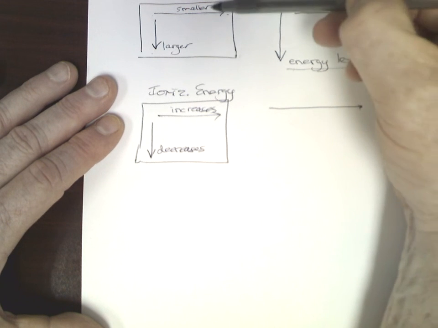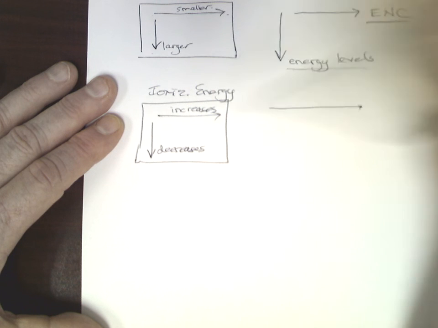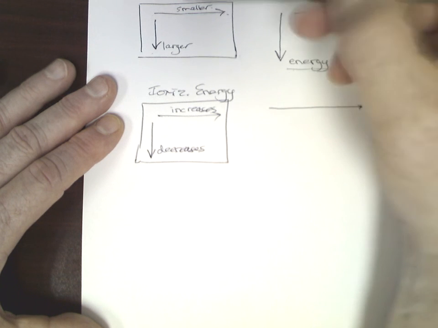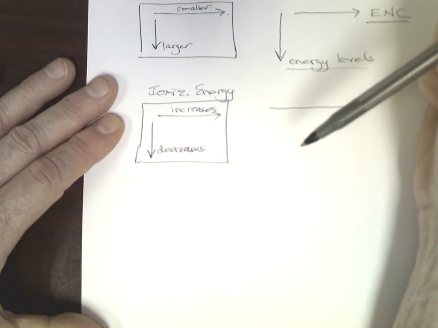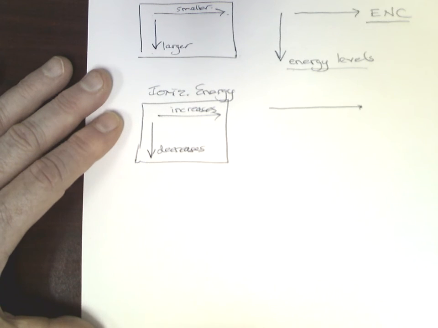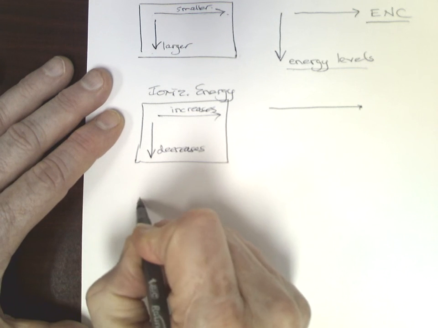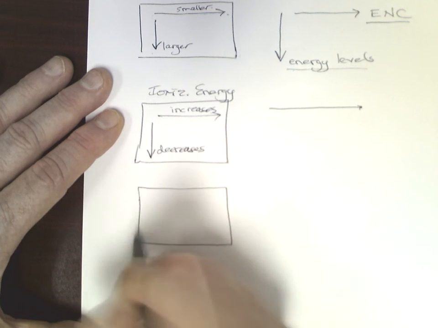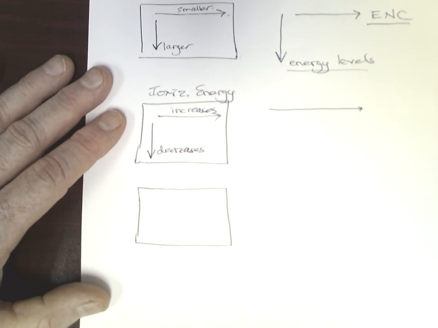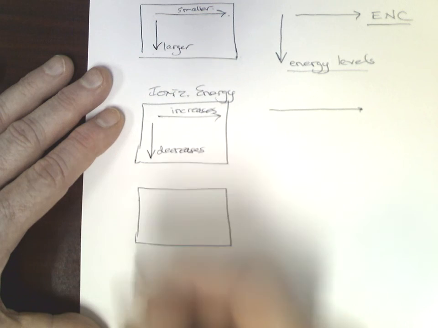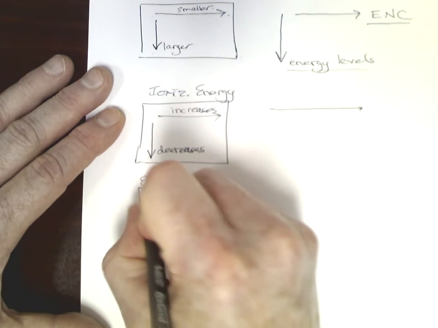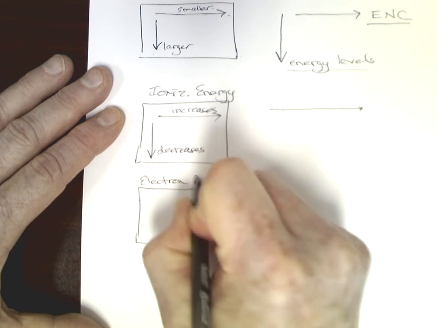Okay. Notice the trends are always opposite. So if one of them gets smaller, the other gets larger. If one of them gets larger, the other gets smaller. Okay. How about the amount of energy an atom will give you to take an electron away? That is electron affinity.